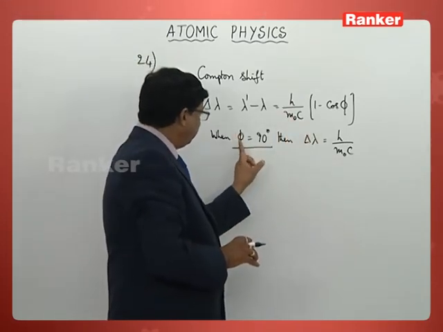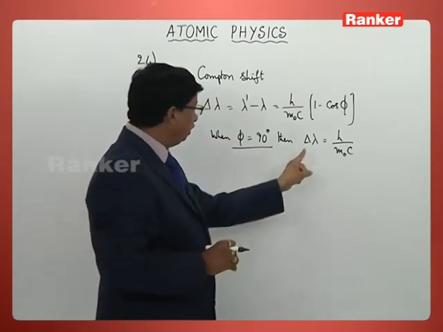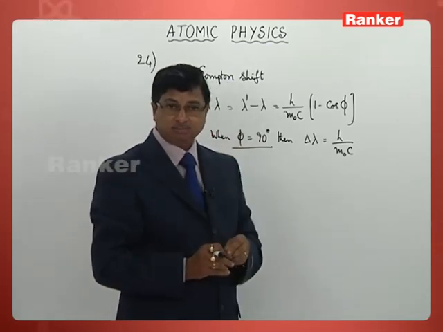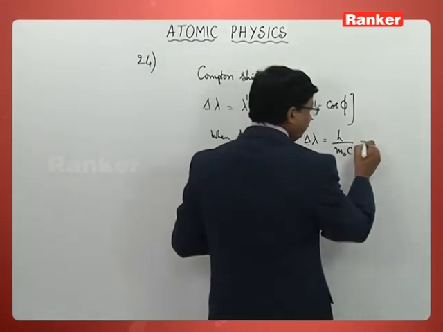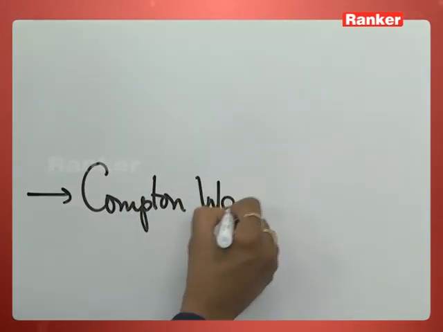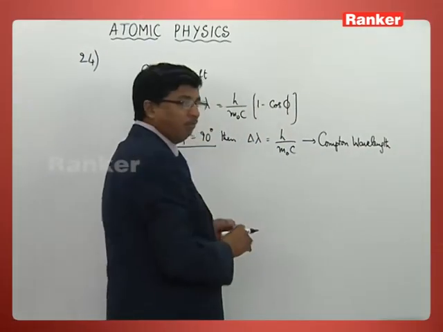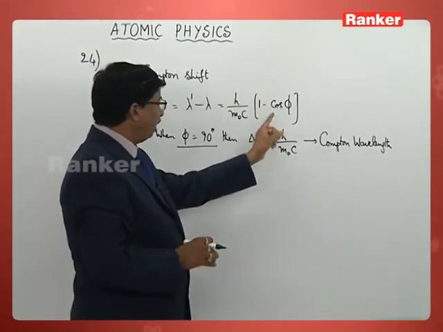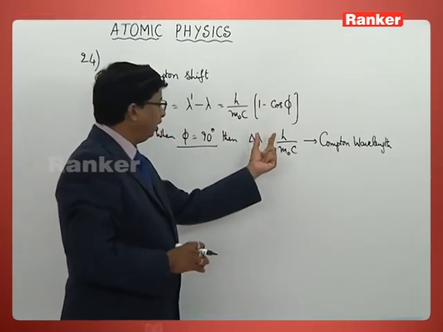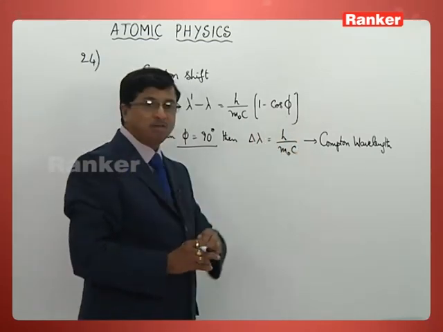When phi, the angle of scattering, becomes 90 degrees, then whatever Compton shift we are finding is called the Compton wavelength. So when can we call the Compton shift the Compton wavelength? When the angle of scattering becomes 90 degrees, then the so-called delta lambda, which is equal to h by m naught c, is to be called the Compton wavelength.